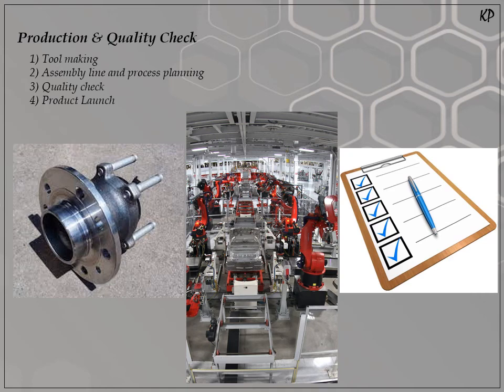And once you go through all these stages, you can launch your product in the market, which can resolve your customer's problem. So these are the stages for any kind of product development, which we have seen in this video.